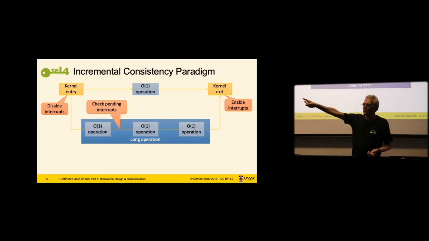So the idea is you perform something. Just imagine this is processing a queue. For example, your waiting queue on IPC. You take the first thing off, process it, and then you have a shortened queue, and presumably the kernel is back in a consistent state. And this is a point where you could just restart the operation. And that's what we do.